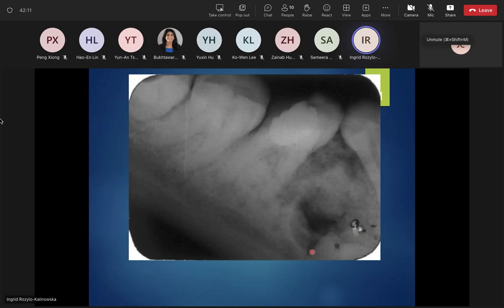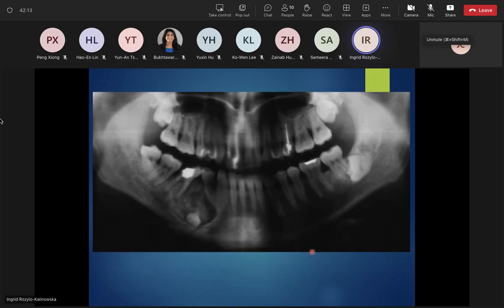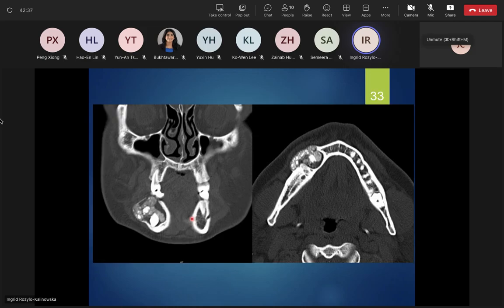All you can see is just a little bit of the crown of this impacted premolar. With this panoramic radiograph, it's much easier to observe the extent of the tumor, and also displacement of the tooth related to the tumor towards the lower border of the mandible.